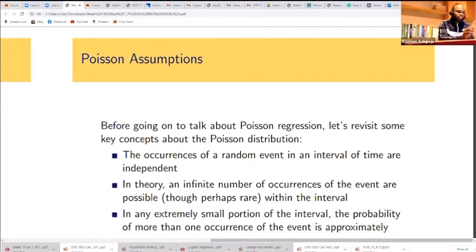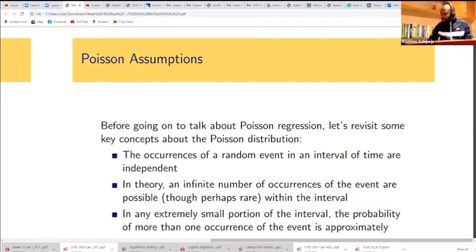Let me tell you this: there's a difference between Poisson regression and Poisson distribution. Poisson regression is a regression model that we use in modeling counts as a function of some potential risk factors. But the underlying distribution of the error in a Poisson regression model is not going to be normal, but Poisson. And that is the reason why we want to talk about Poisson distribution right now.